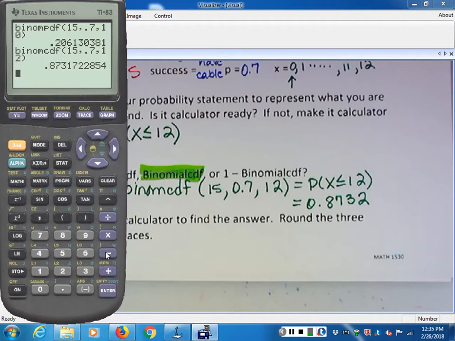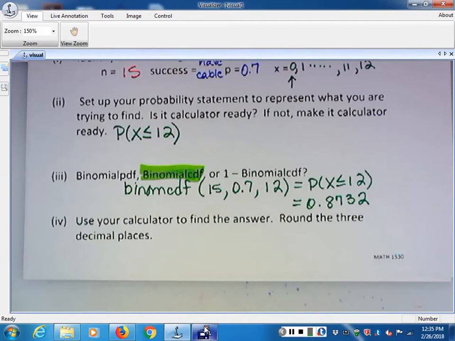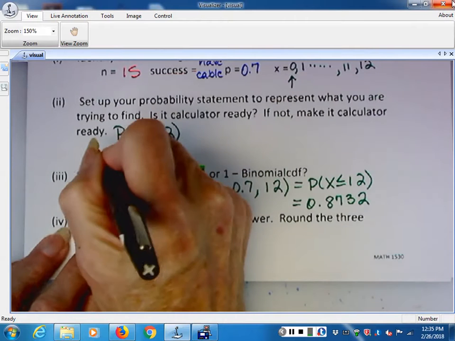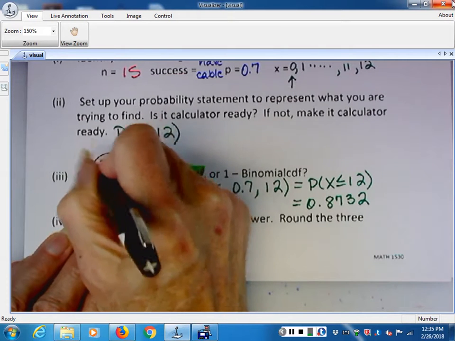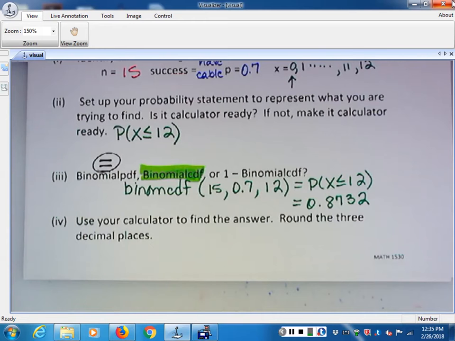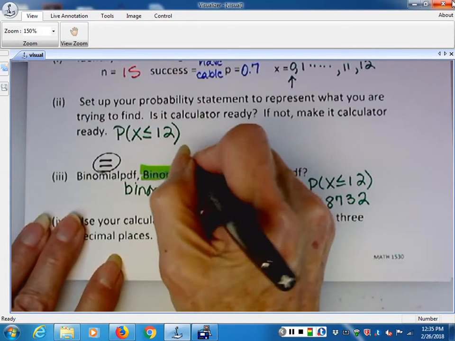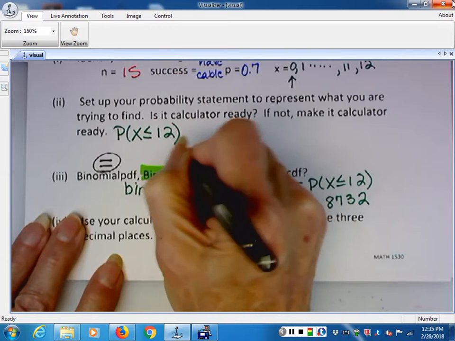Now I'll tell you a little trick on this that may help you. Get the calculator out of the way. When you're trying to remember which is which, the first one's easy. It's when it's one number, it's equals. Binomial CDF starts high and goes down.